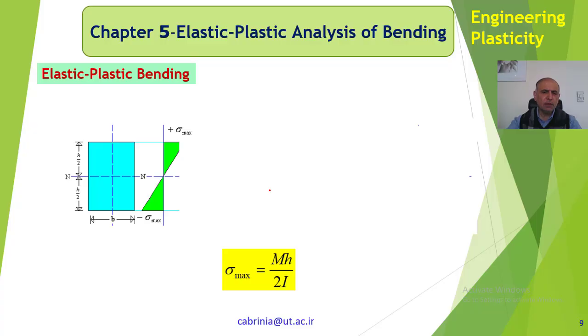Now this is the cross-sectional area, the original cross-sectional area. We say that the depth is h and the width is b, and that's the neutral line or the neutral surface or the neutral plane.